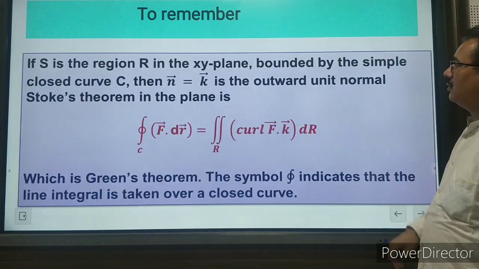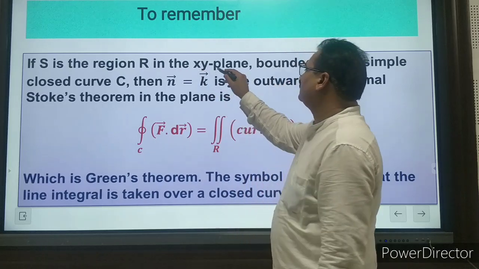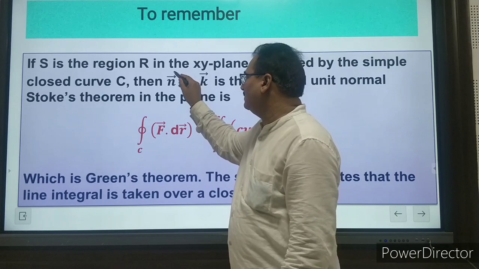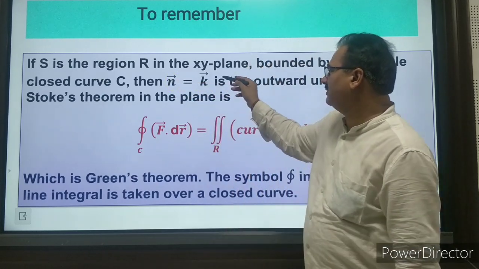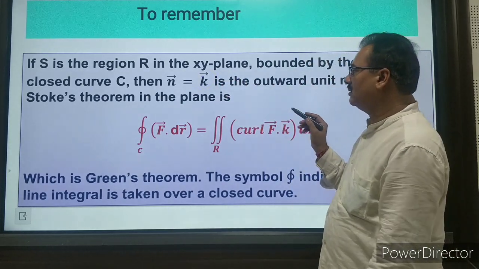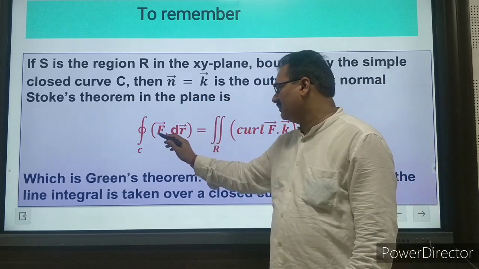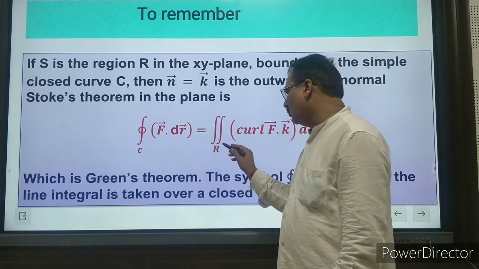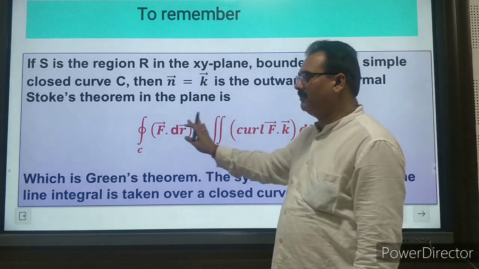Now, if S is the region R in the xy plane bounded by the simple closed curve C, then the unit normal vector will be k, the outward unit normal. In that case, Stokes theorem in the plane may be written as the line integral of F dot dr equal to the double integral over the region R of curl F dot k dR, and we are familiar with this.